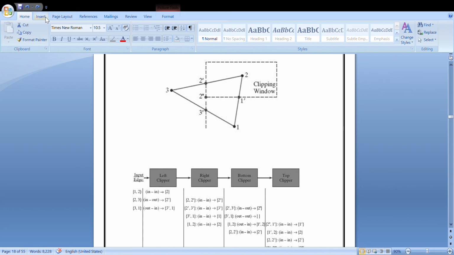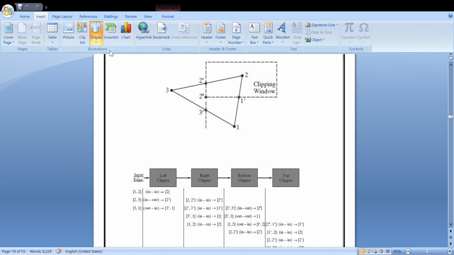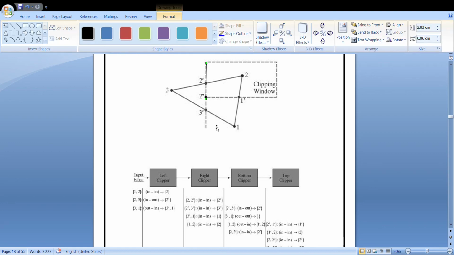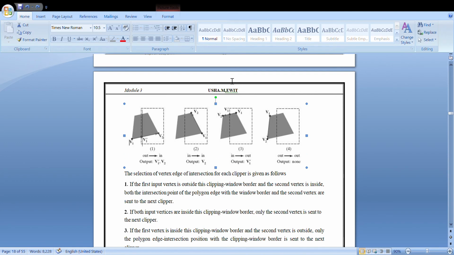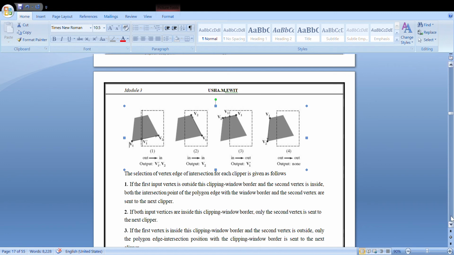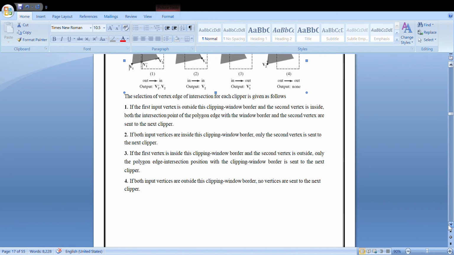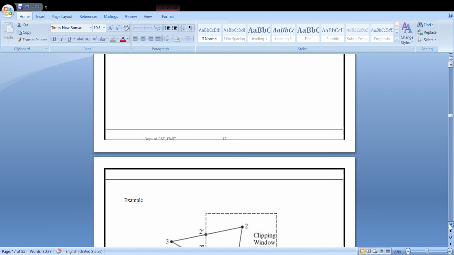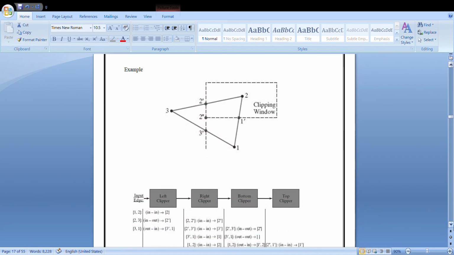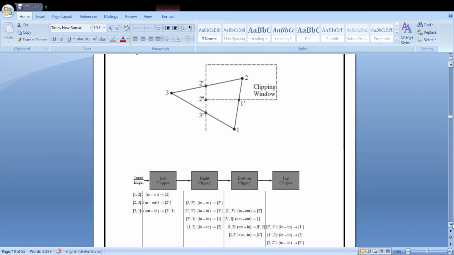Now I told you when we start with the left clipper, this is my left clipper, this dotted line. Okay. So you need not worry about the right, top and the bottom clippers here. First see how your left clipper is working.